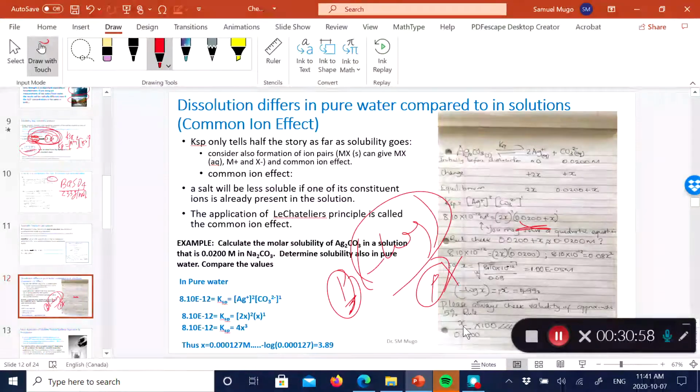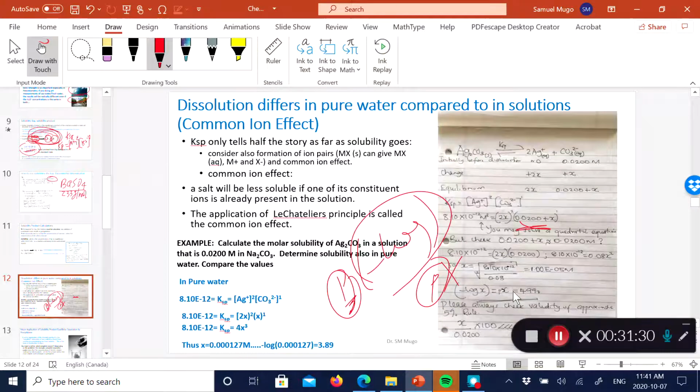So I take the x that I calculated and divide it by the 0.02, the solution concentration that I was approximating, that is much, much higher than what dissociated, times 100. And if that number is much, much less than 5%, then my 5% rule holds true, which it does. You can see it's 0.5%.